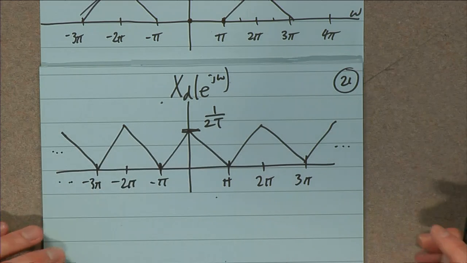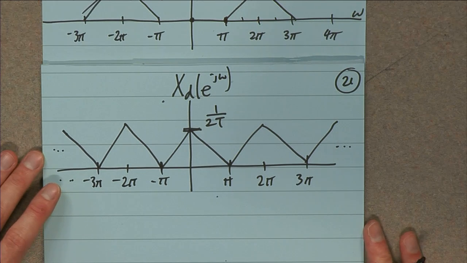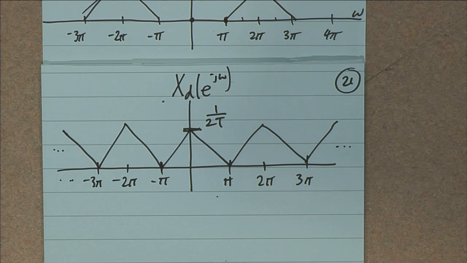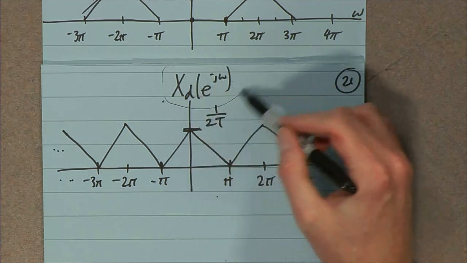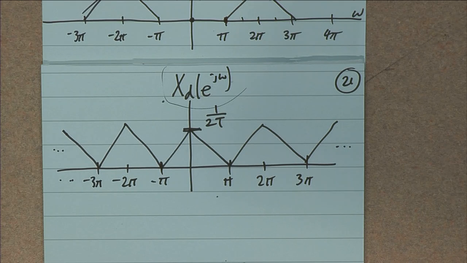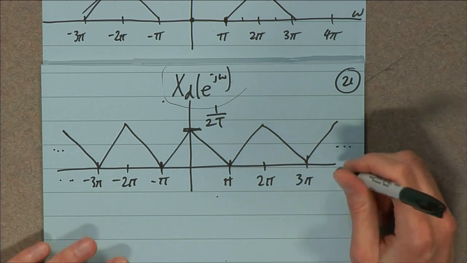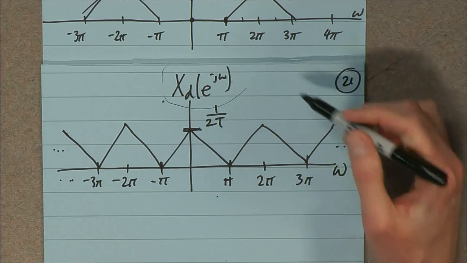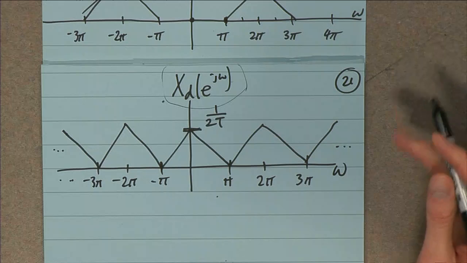Dot, dot, dot. And that's a good thing too, right? Because didn't we always claim that anytime you have a discrete time function, it better be periodic with period 2 pi? And this function is, and so this is certainly a DTFT. It's a spectrum.